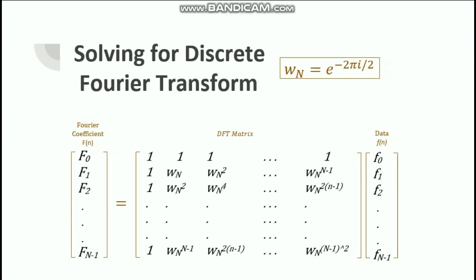So basically, the discrete Fourier transform has a complexity of O of n squared, which is kind of slow for a huge data input. So with this, we will be presenting to you the fast Fourier transform, which lessens the time complexity of the DFT.